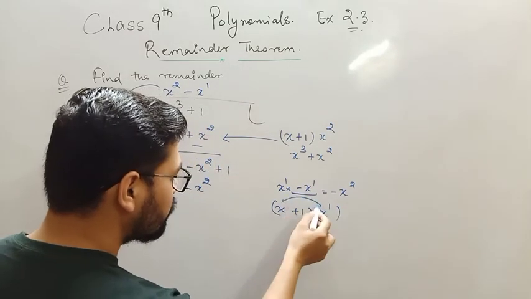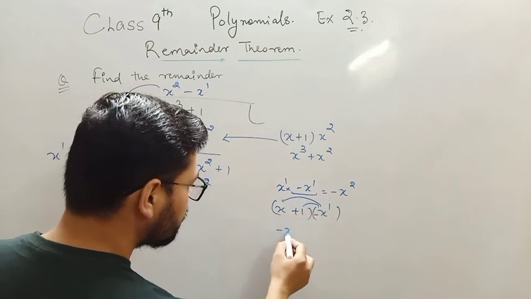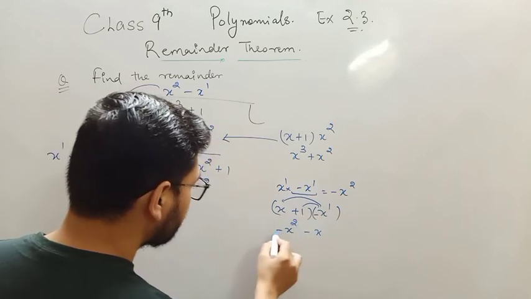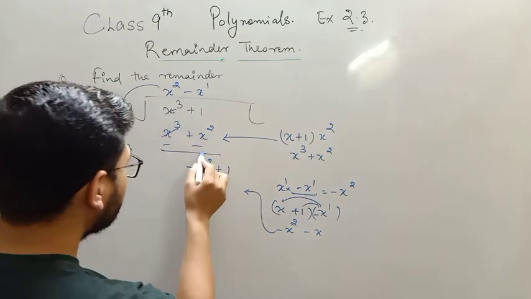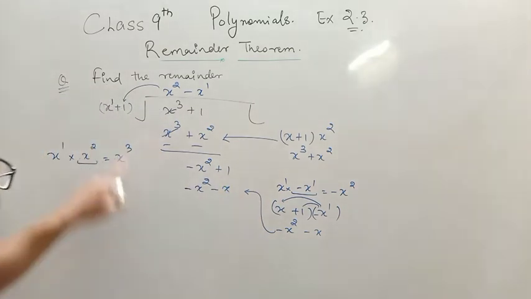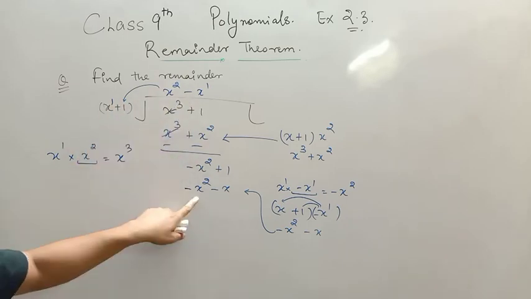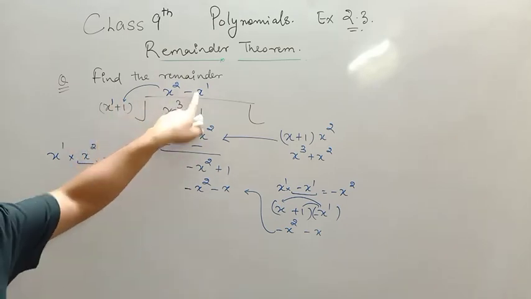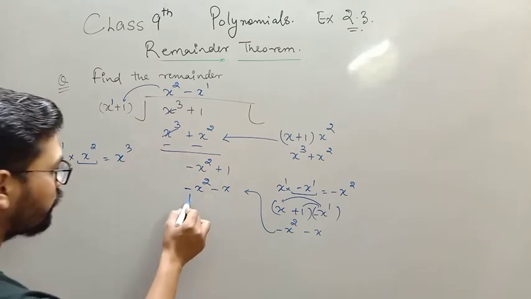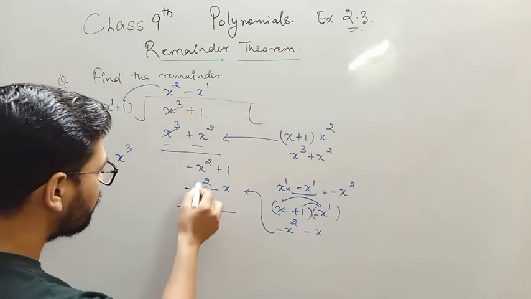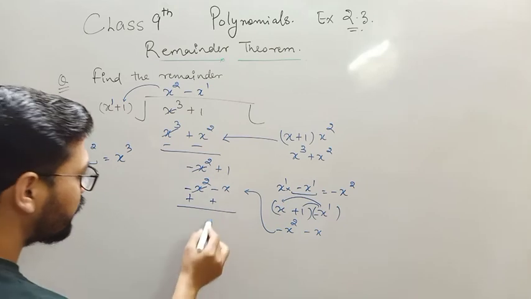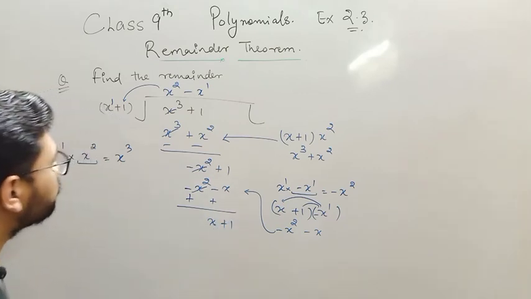First you multiply these two values and then this. So minus x square minus x. x into x is x square, minus plus minus, then plus 1 into minus x will give you minus x. Plus plus, these two values get cancelled out. What you will get? x plus 1.